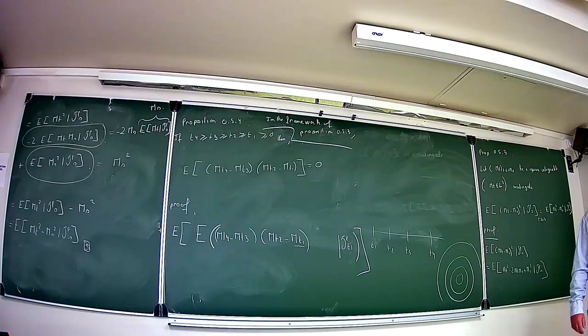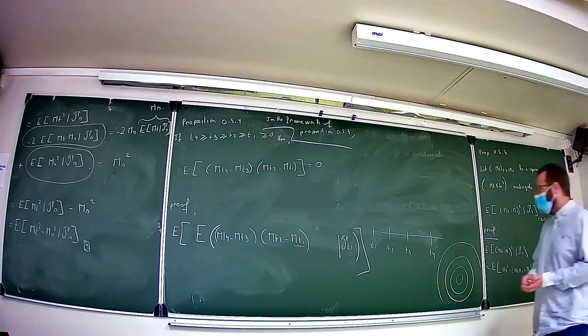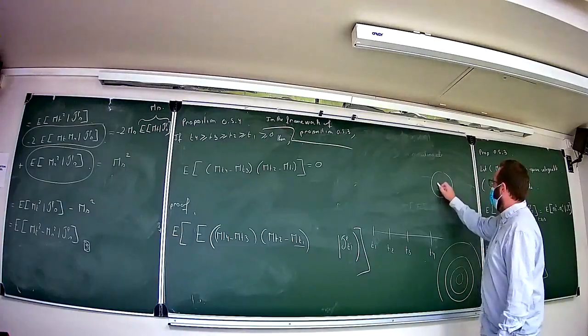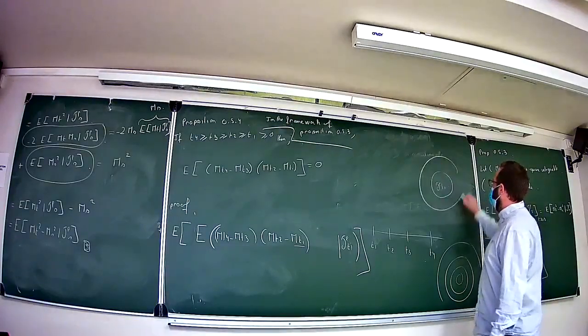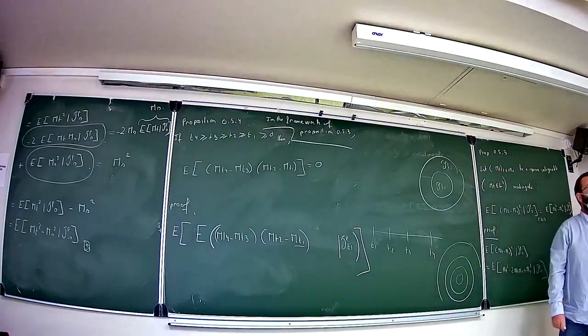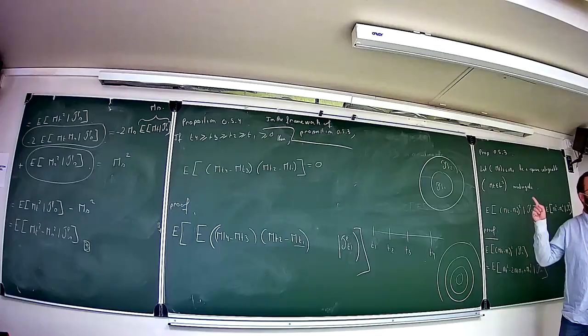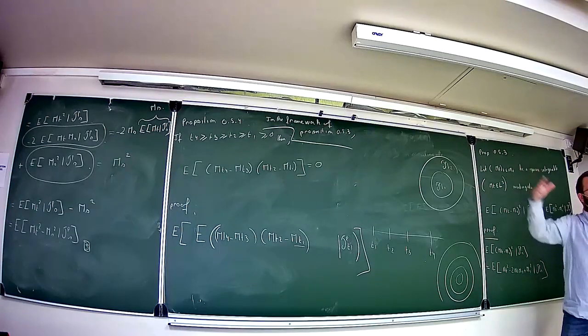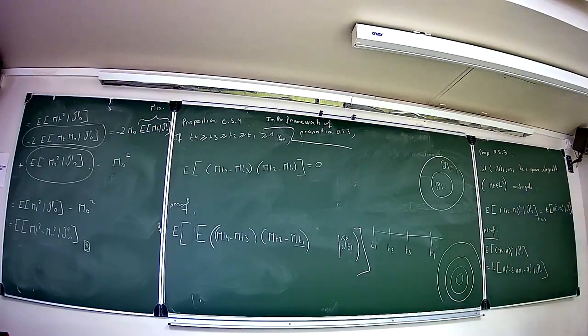I'm sorry, I don't get it, because whenever we use an example, we always say s inferior to t. So why, if t1 is inferior to t2, is Mt2 not Ft1 measurable? Yeah, of course. You have Ft1 this way, and Ft2 this way. You have a filtration, so you have an increasing family of sigma algebras.